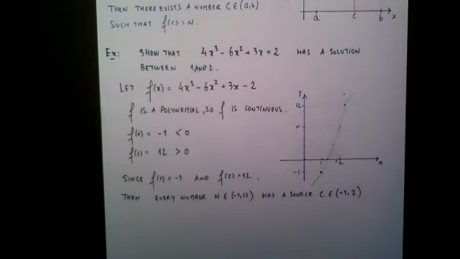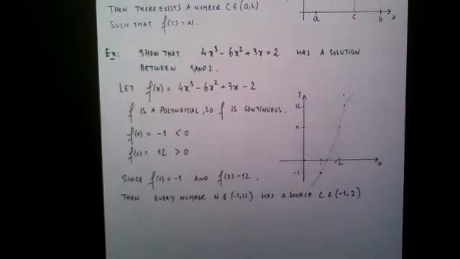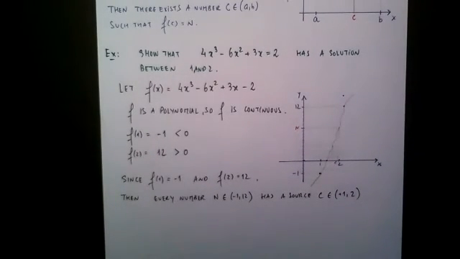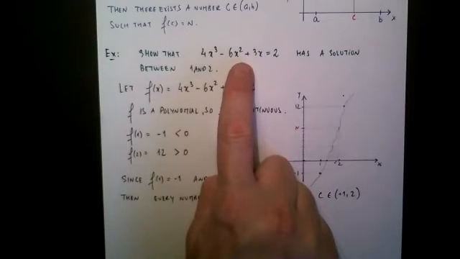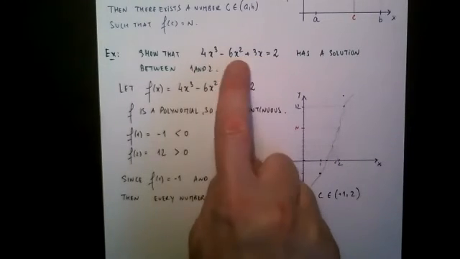If f of 1 was 3 and f of 2 was 12, then why wouldn't it be an intermediate value? It would be. The intermediate value theorem still works, but it doesn't guarantee that it's going to cross the x-axis. So we're looking for it to guarantee that it crosses the x-axis. Yes, in this problem, because they're asking you to show that there is a solution to this equation.